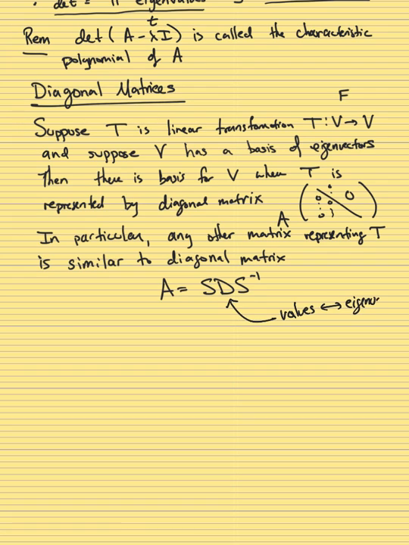So the diagonal terms are the eigenvalues, and the column entries of S are just the eigenvectors. Because the column vectors of S are exactly the linear transformation that takes the standard basis to the basis where this looks diagonal, but that basis is the basis of eigenvectors.